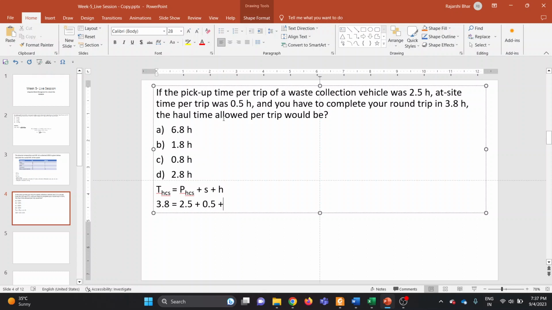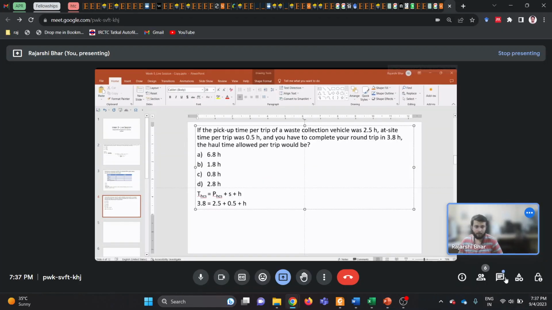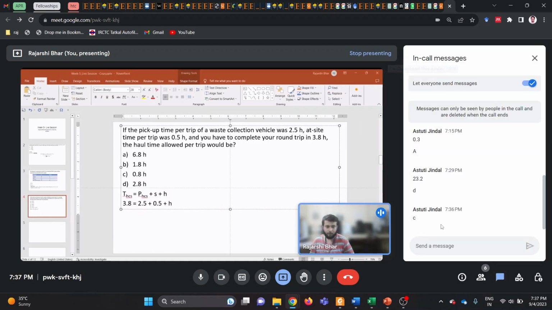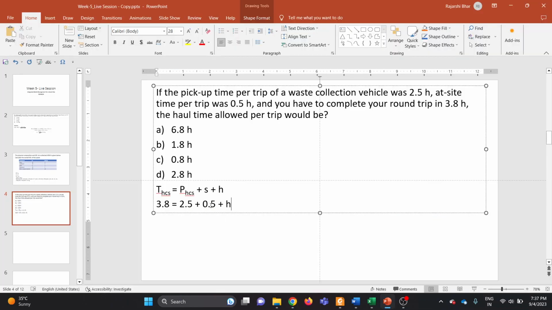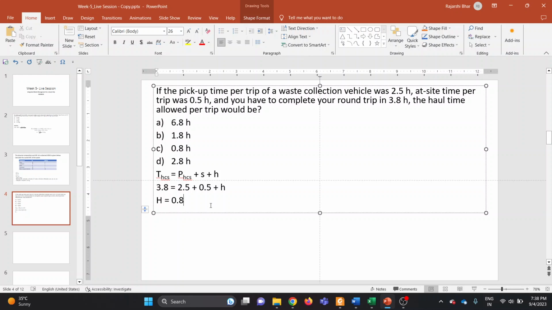This is also given. What is remaining? Halt time per trip. So now it's very simple, as one of you has already correctly solved the question with option C, 0.8 hours. So Asuti has correctly solved the question with the answer of halt time being 0.8 hours.